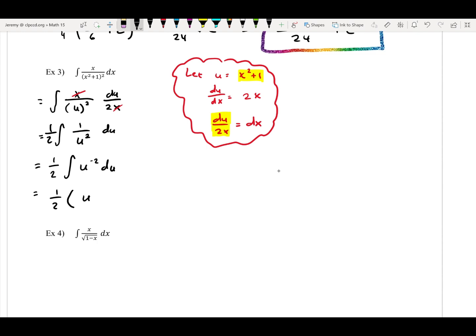Antiderivative, I'll add 1 to the exponent, so it'll be u to the -1st, divide by that new exponent, and put the plus c. So if I multiply in that 1/2, I'll get -1 over 2u plus c. And then just substituting in for u, -1 over 2 times x squared plus 1, plus c.